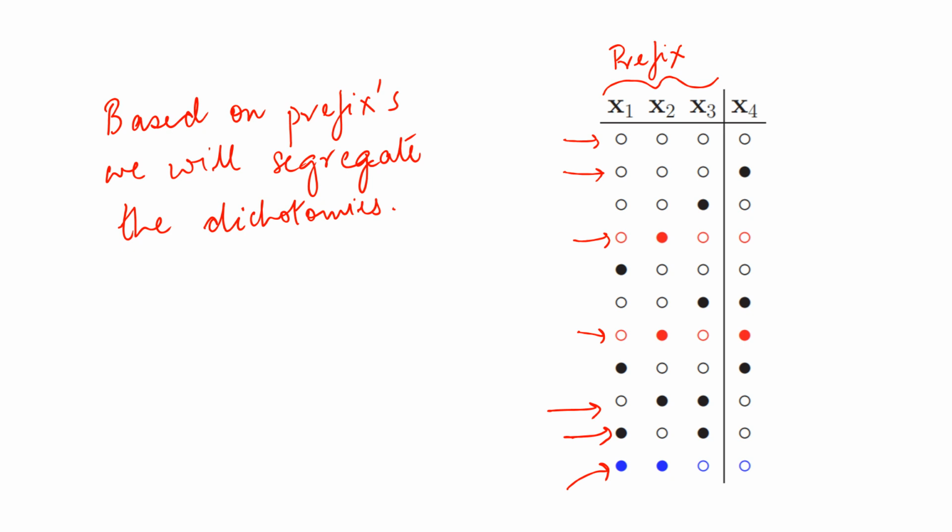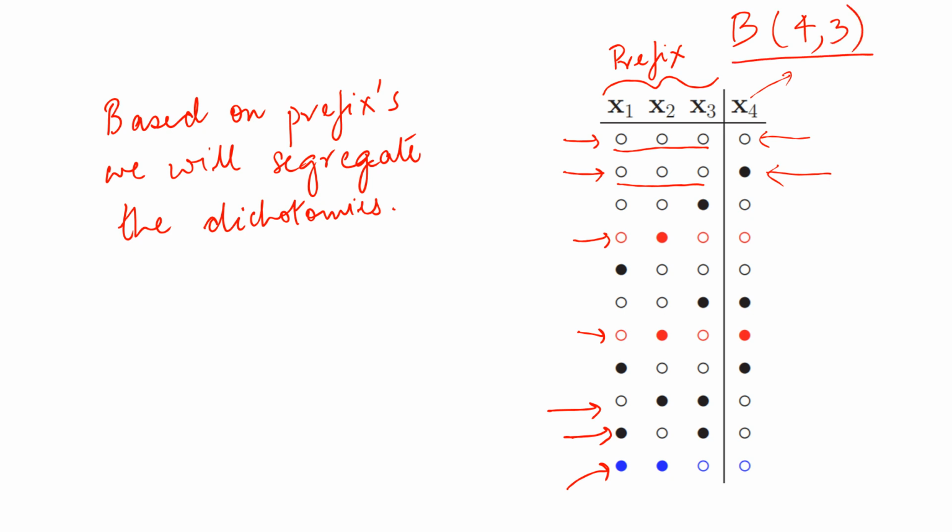We looked at this one and this one, all negatives and all negatives. Although the prefixes were exactly the same, you can see that the x4, which maybe you can call a suffix, or the point that was left out, is negative for one of them and positive for the other. Why? Because just remember that this is, to start with, what it was.